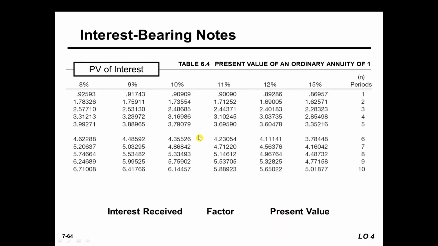So the present value of interest at 12% for 3 years is equal to 1,000 times 2.40183, which equals 2,402 rounded up.